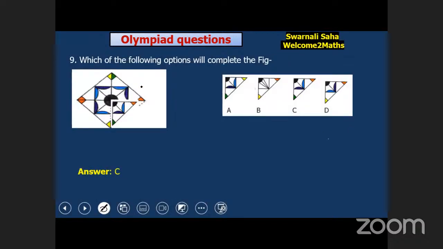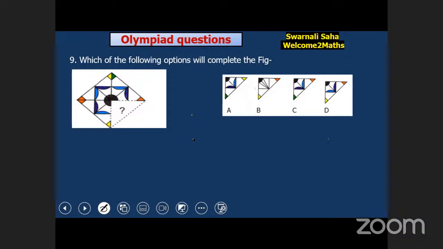This question. Let's see which of the following options will complete the figure. You see, this is the figure. You can see this figure now. So which would be the right one?